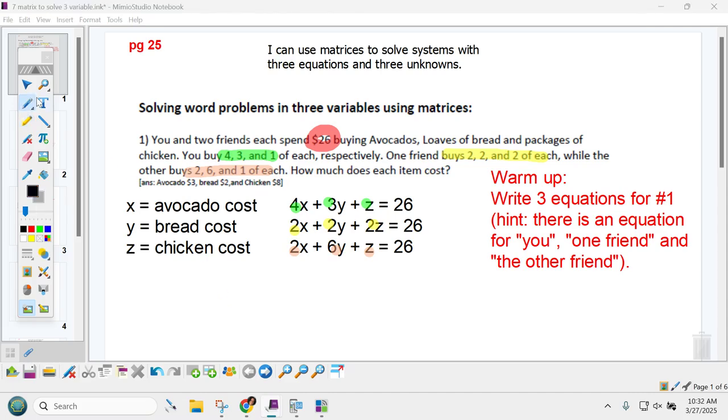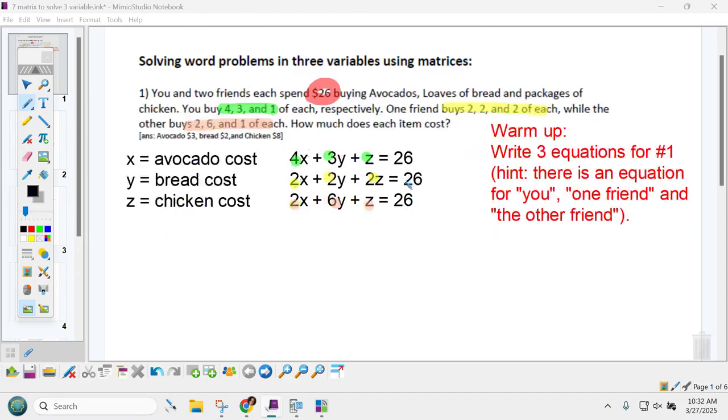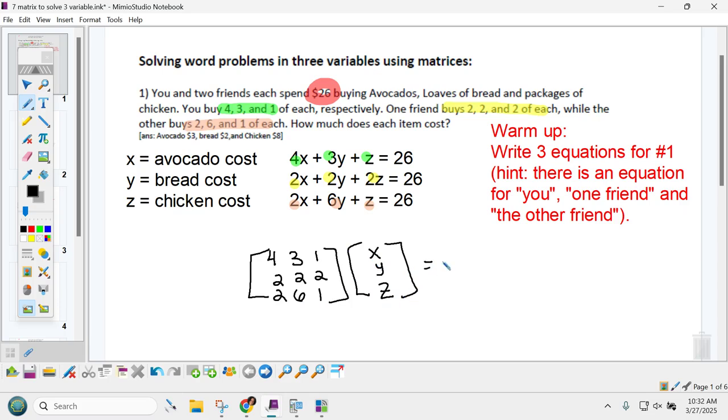So now we can write a matrix equation with our coefficients. And go to the calculator.